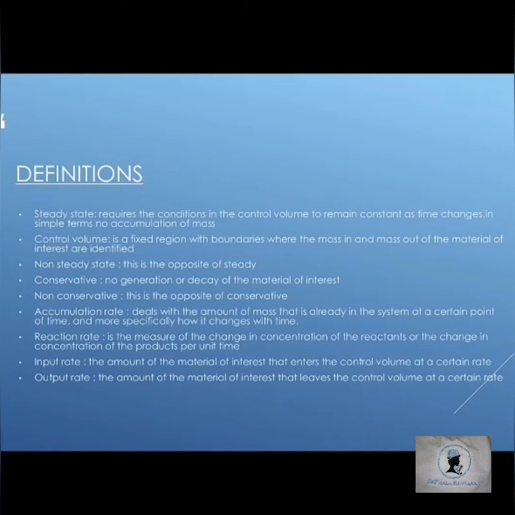Input rate is the amount of the material of interest that enters the control volume at a certain rate, and the output rate is the amount of material of interest that leaves the control volume at a certain rate after a disturbance has occurred. So guys, these are simple terms. This is how I define these things.